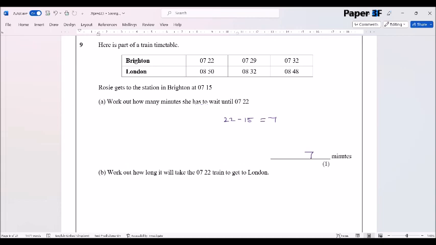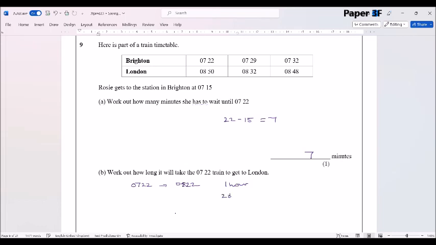Next one, how long will it take the 7:22 to get to London? Let's have a look. If we count on, how long is it for 1 hour? 07:22 to 08:22 is equal to 1 hour, and then it's got to go on to 08:50. We need another 8 minutes to get to 8:30, so it's plus 28 minutes.